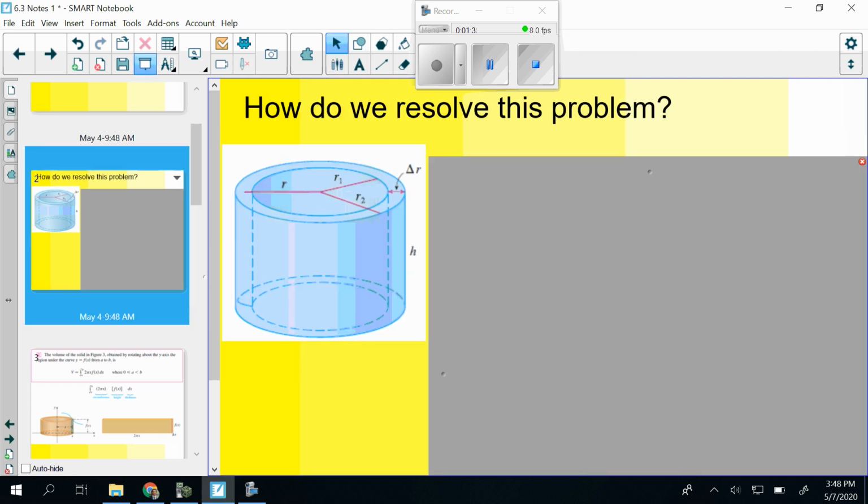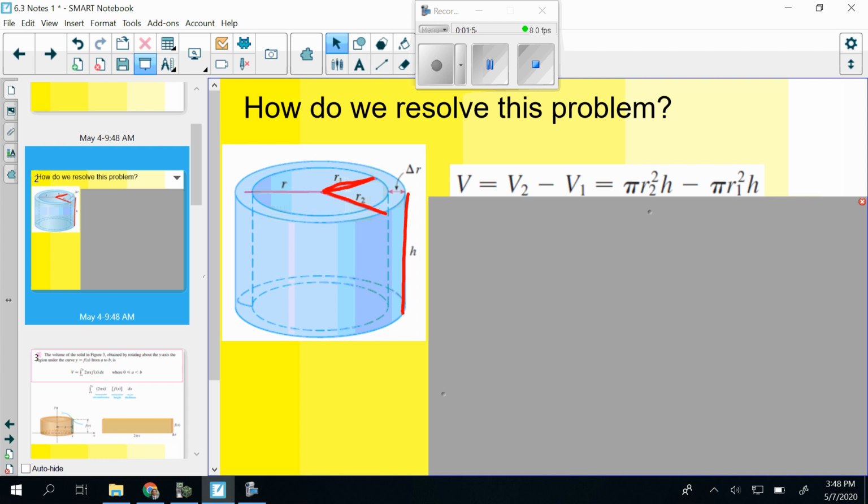Well, this cylinder would have an inside radius right here, and an outside radius to the outer part of that. It would also have some kind of height here as well. We're going to find the volume of both the inside cylinder and the outside cylinder.